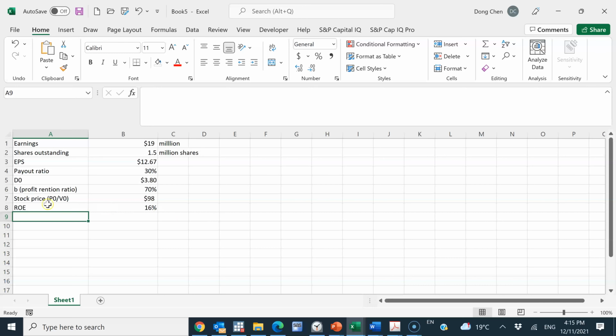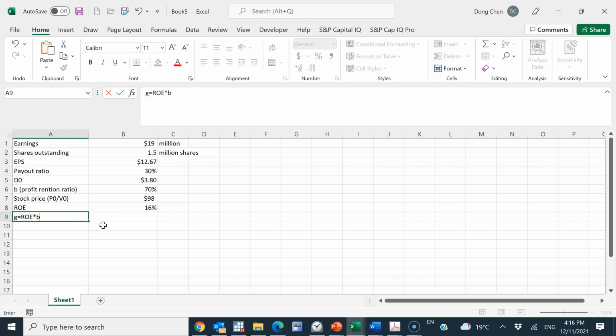So why do we need this ROE here? The reason we need that is because we know the relationship between the growth rate of dividend and ROE is that growth rate of dividend equals ROE times the profit retention ratio. Right? This actually goes back to section 3 when we talked about the sustainable growth rate.